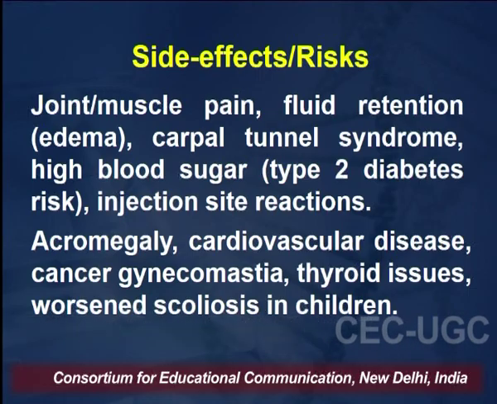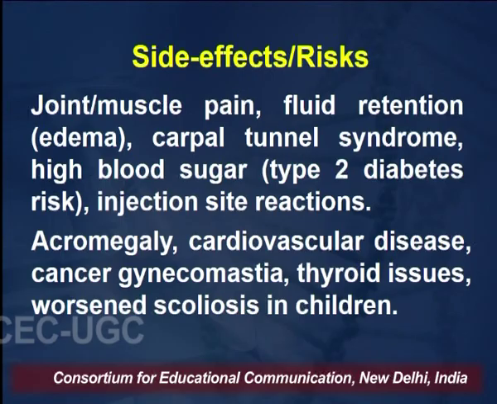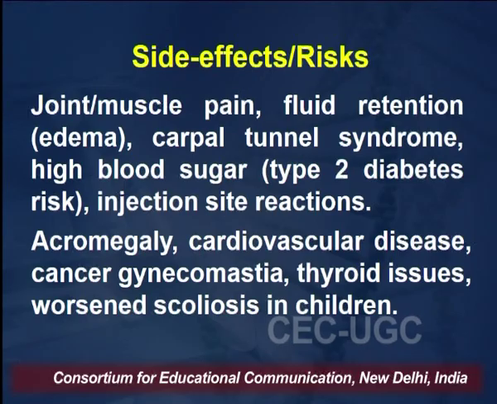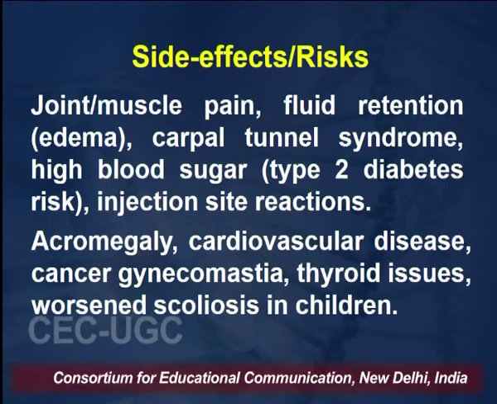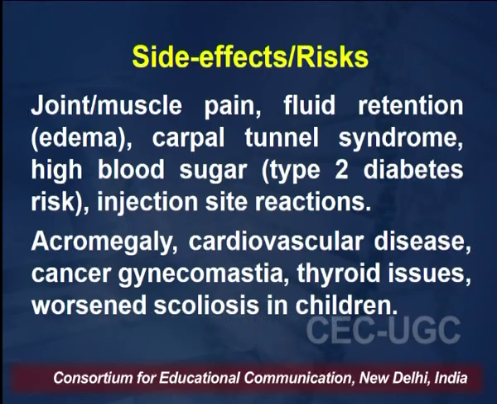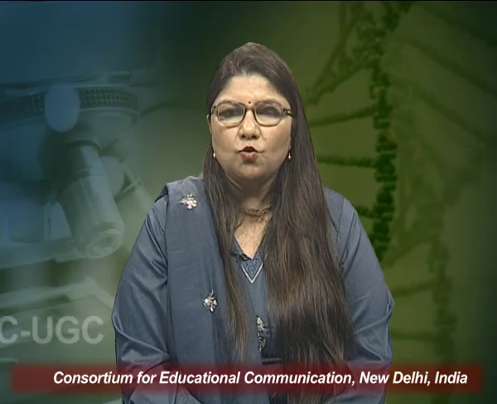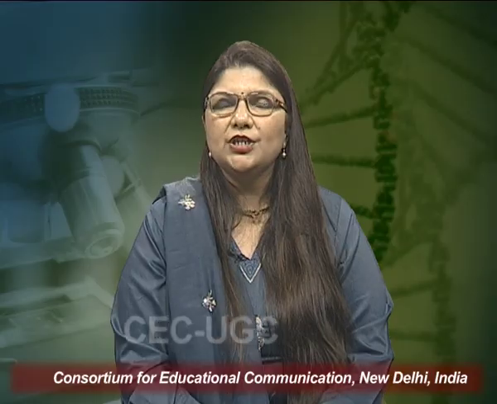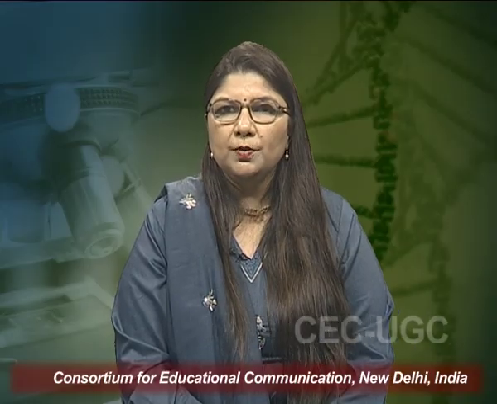Long term effects could be related to acromegaly, that is, disproportionate expansion of certain parts of the body, cardiovascular diseases, cancer, gynecomastia, which is the development of breasts in males, thyroid issues, and worsened scoliosis in children, the arch in the spinal cord. So, there are many side effects and risks also associated with the production and injection of recombinant human growth hormone.